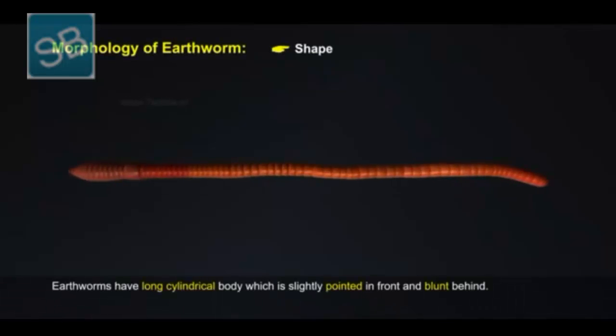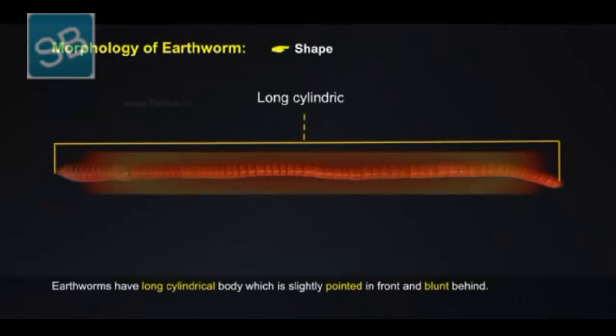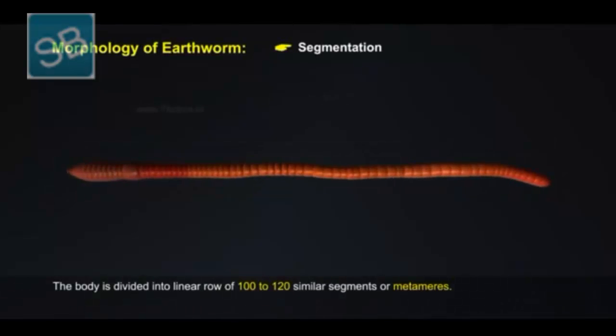Now we will understand about the morphology of earthworm, beginning with its shape. The earthworm has a long cylindrical body, slightly pointed in front and blunt behind. Segmentation: the body is divided into a linear row of 100 to 120 similar segments or metameres.